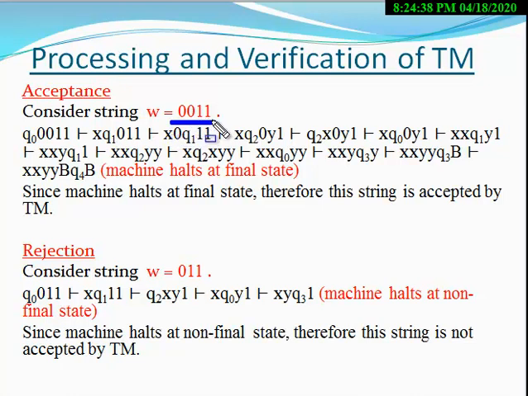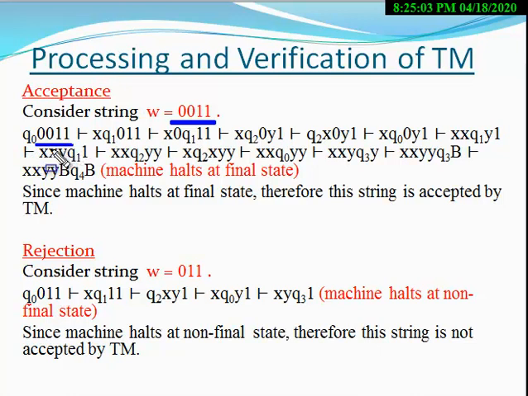Consider the string 0011. Now you have to test whether this string is accepted by the Turing machine which you have constructed. Here we consider the initial ID. So this is the initial ID. You have to start from the initial ID.